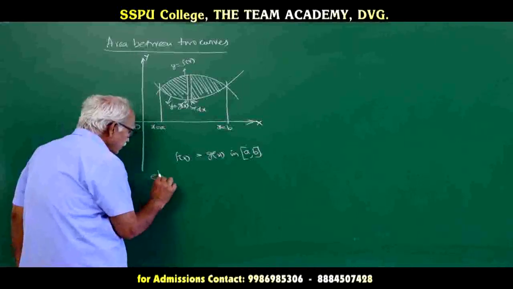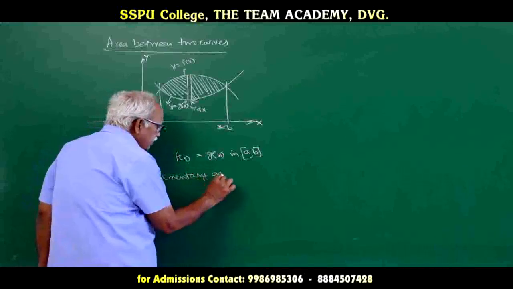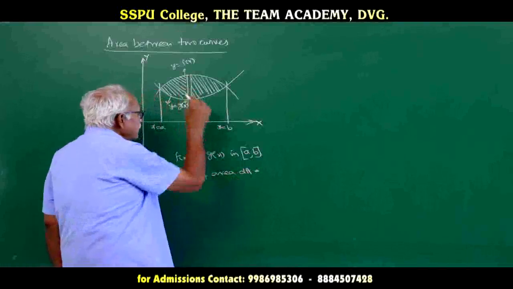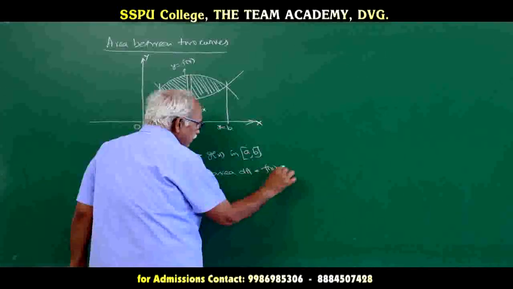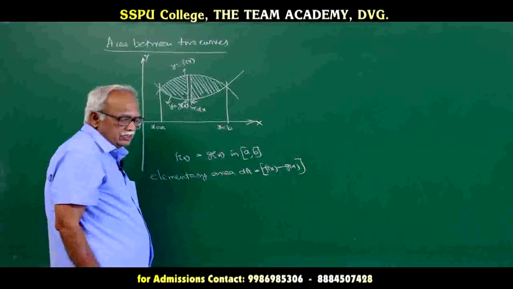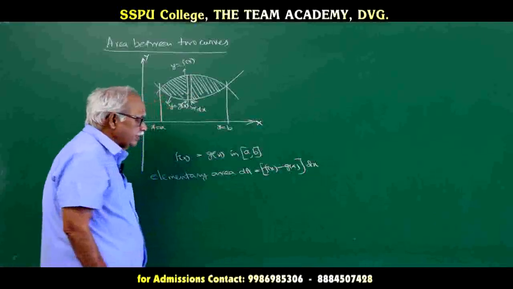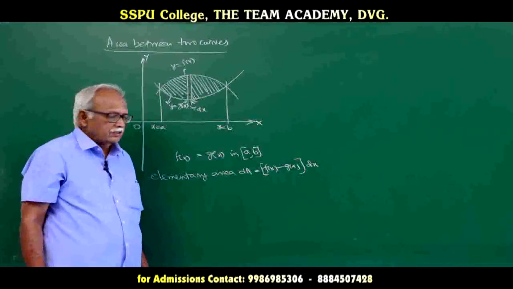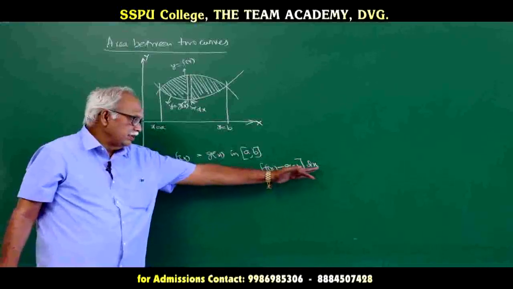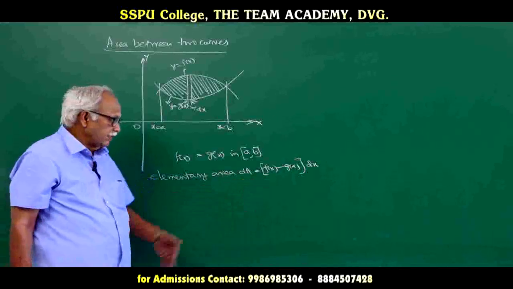The elementary area dA is equal to the height, f of x minus g of x, into the width dx. So, we have taken that f of x is greater than g of x.